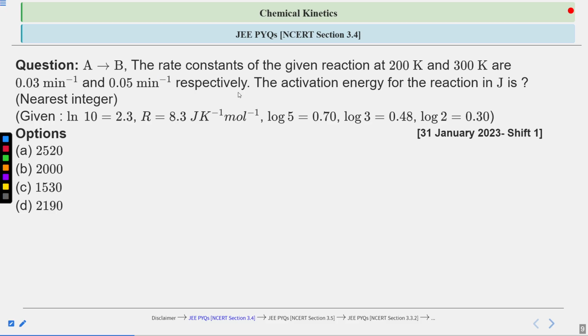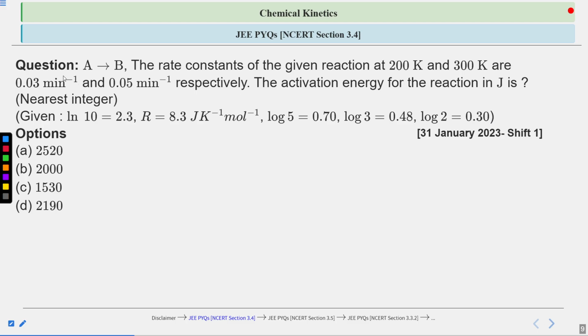The activation energy for the reaction in joules is, you have to give your answer to the nearest integer. We are given some values which you can use in your calculation: ln 10 is 2.3, R is 8.3 joule Kelvin inverse mole inverse, log 5 is 0.70, log 3 is 0.48, and log 2 is 0.30.